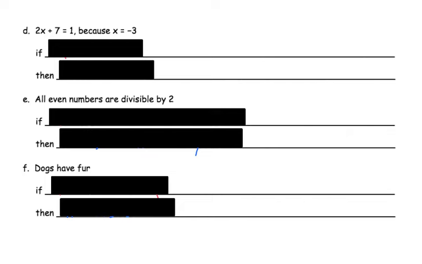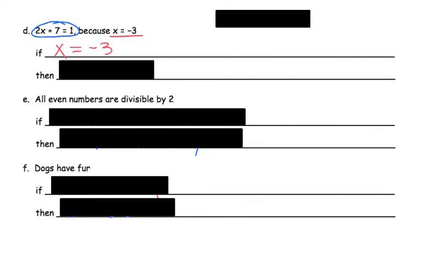All right, D. Our hypothesis here is actually going to be x equals -3, and our conclusion is 2x plus 7 equals 1. So our if-then statement would be if x equals -3, then 2x plus 7 equals 1.